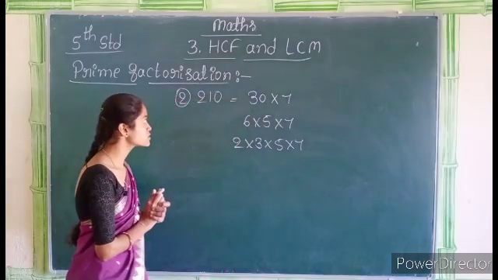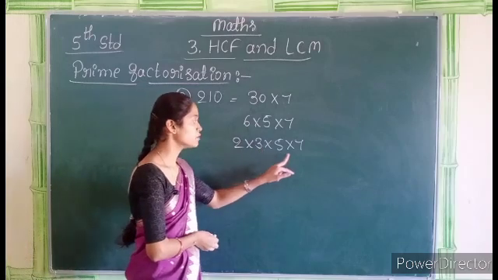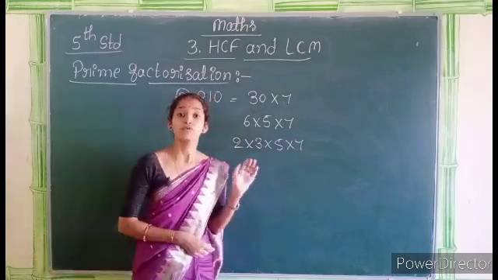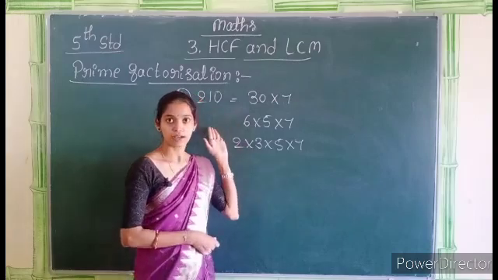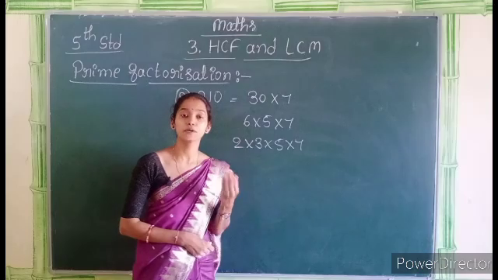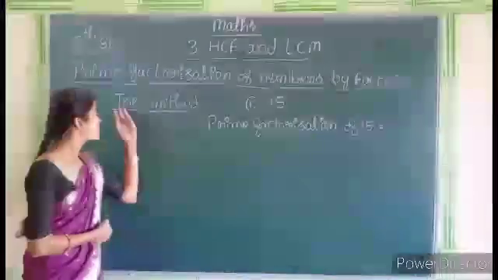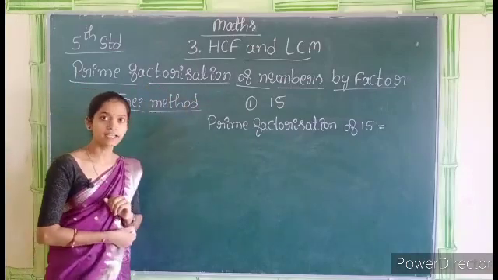So, prime factors of 210 are 2, 3, 5 and 7. We can write the prime factors directly for a number, but I didn't write the prime factors directly because of your clear understanding.